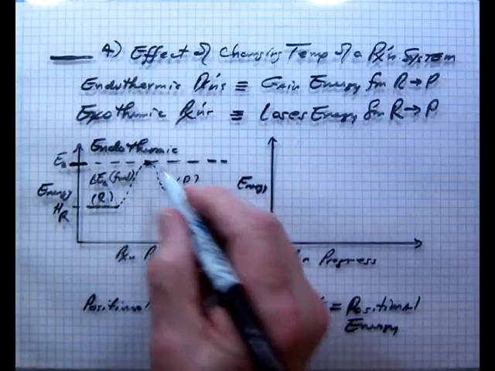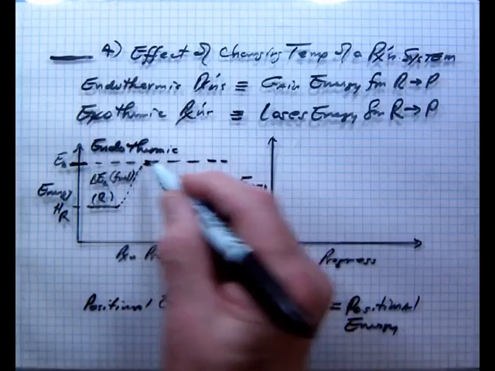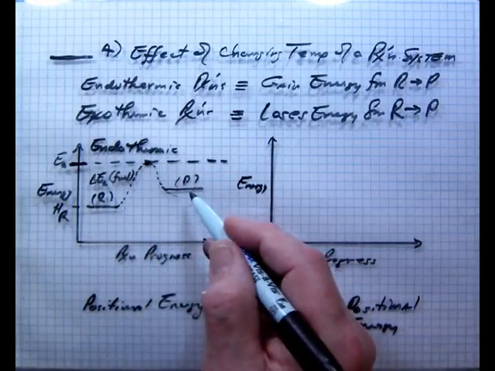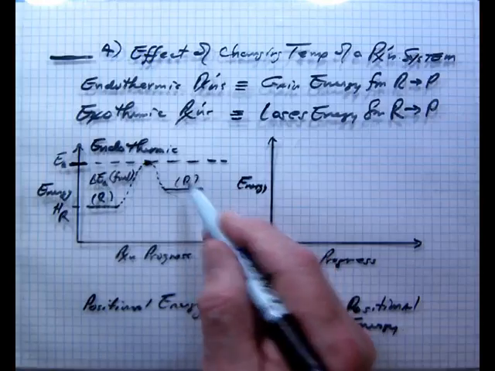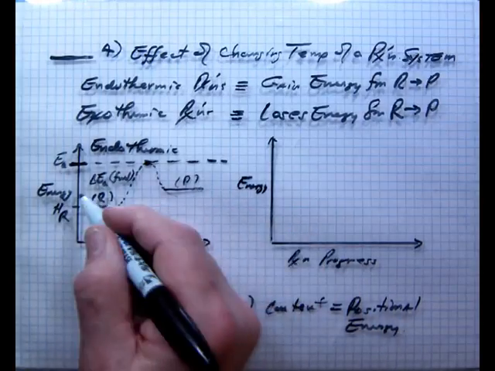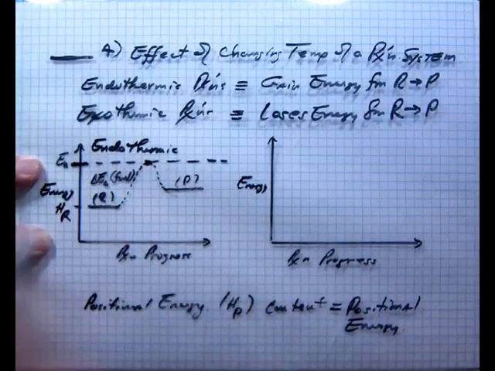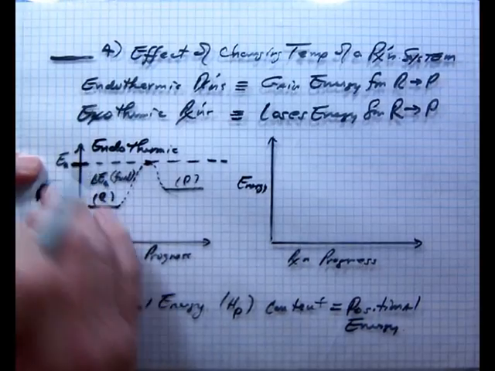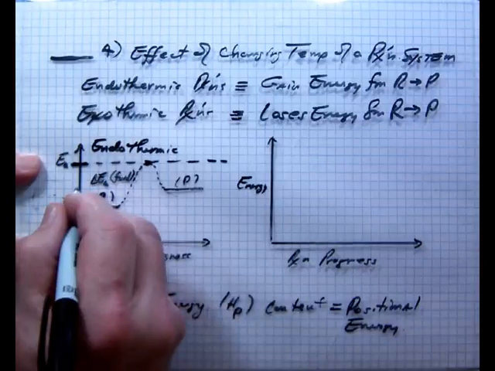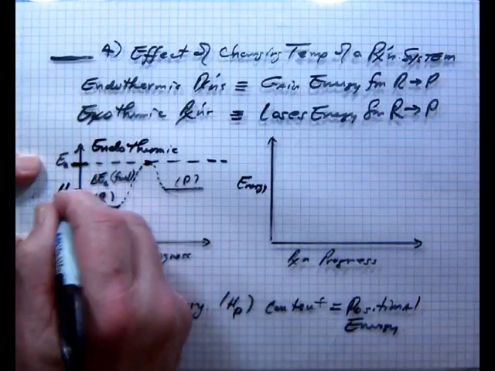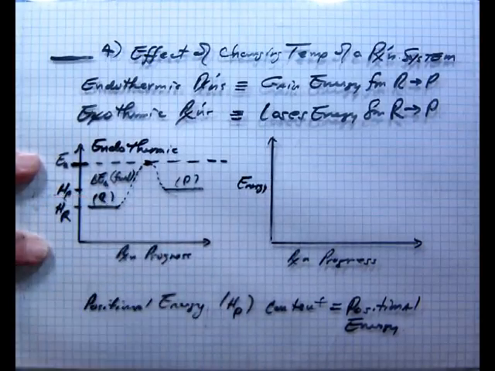Once you pass the activation point, it moves to wherever it's going to stabilize. In the case of this one, it wound up here, which, I'll move this out of the way. And so our heat content of the products is right there.